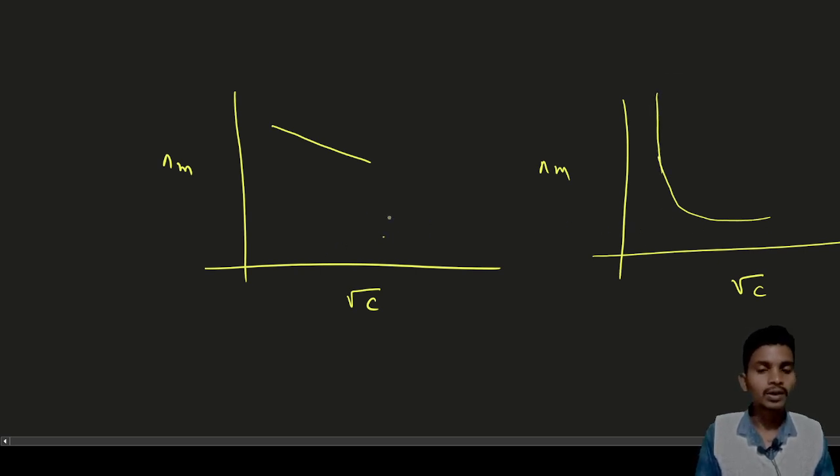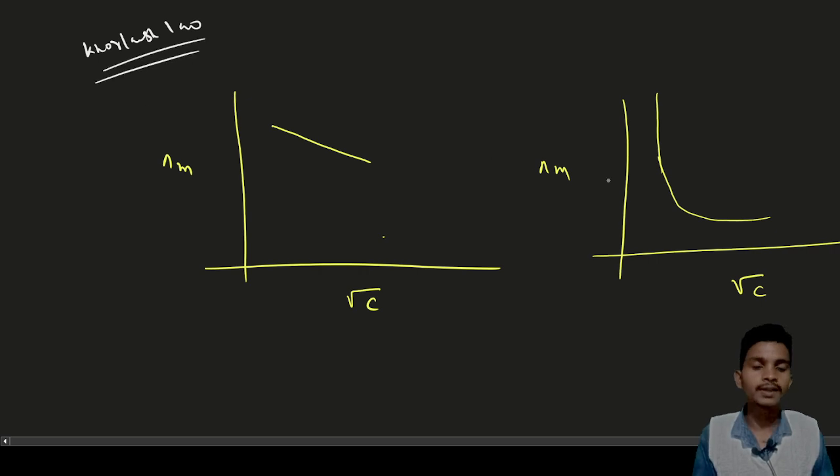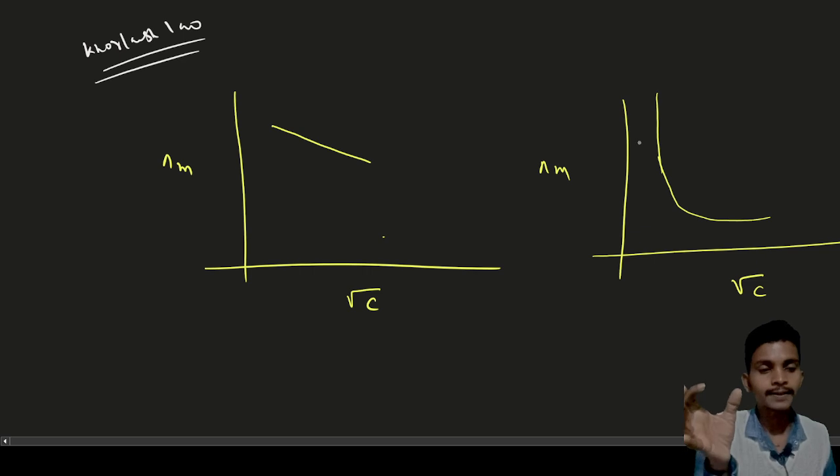So if you combine this, here Kohlrausch's law comes into play. For weak electrolytes we cannot get the intercept on the molar conductance axis, so we will not get the value. But for strong electrolytes, if we extrapolate, then we can intercept with the Y axis value.